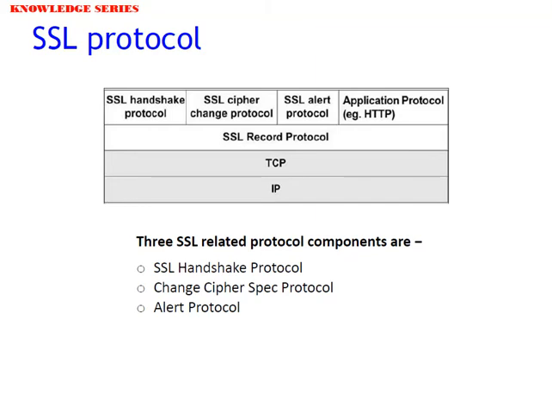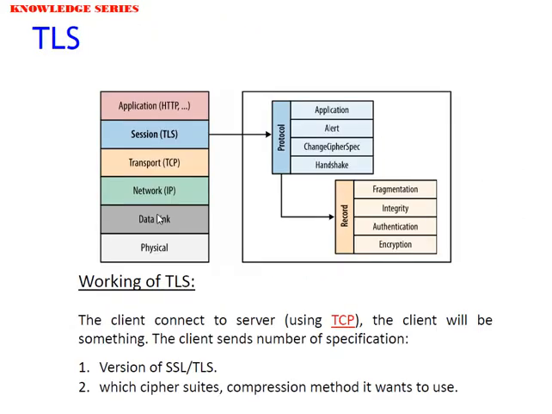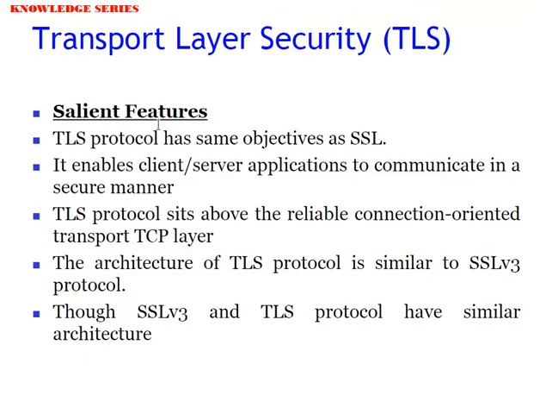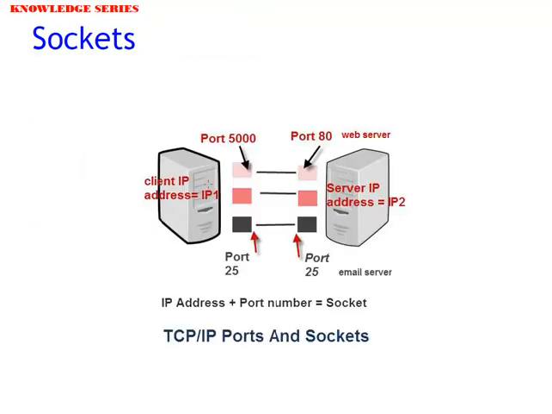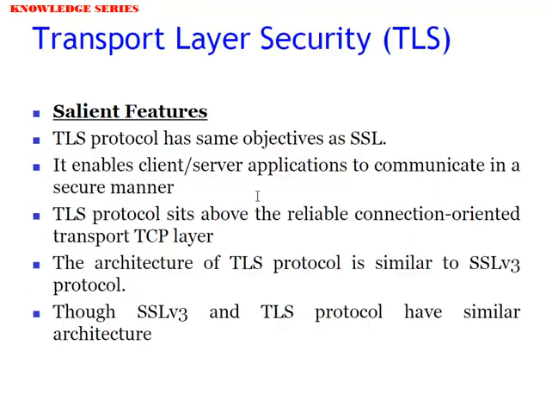Now we see the next, which is transport layer security. What exactly is transport layer security? It is a protocol that provides communication security between the client and server. If you take a client and server, this communication security is handled by transport layer security.